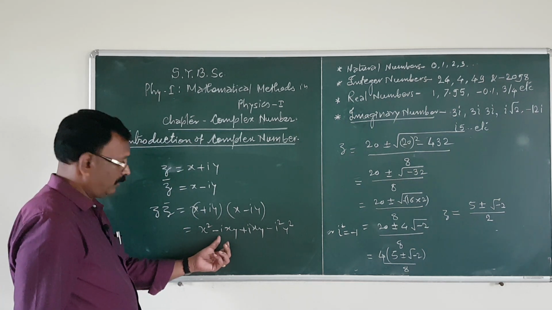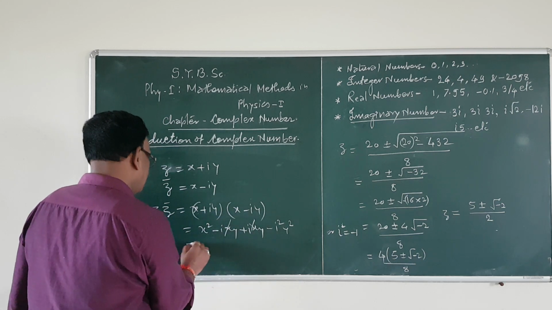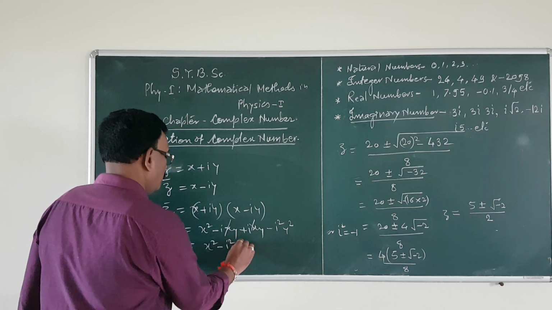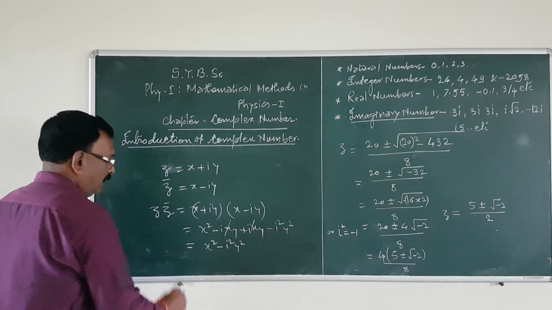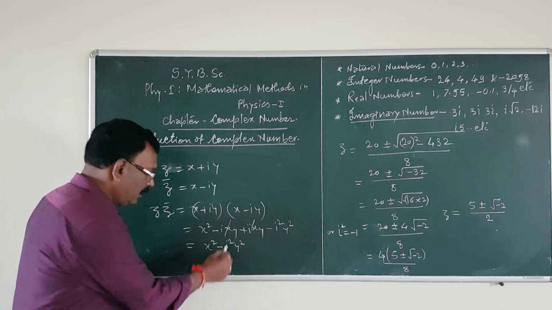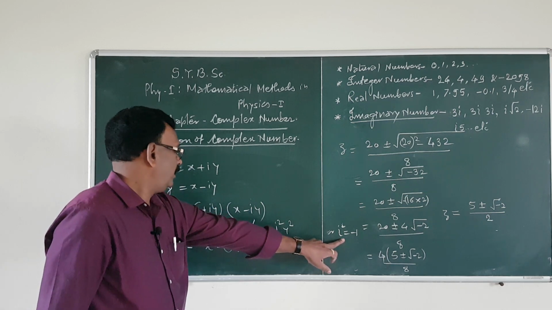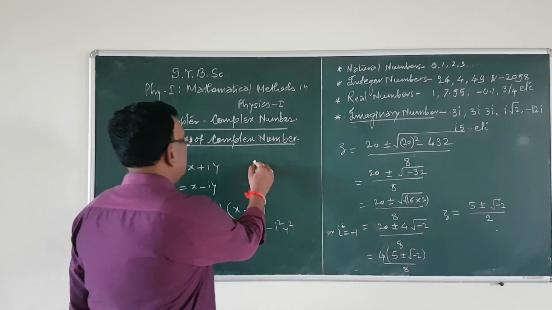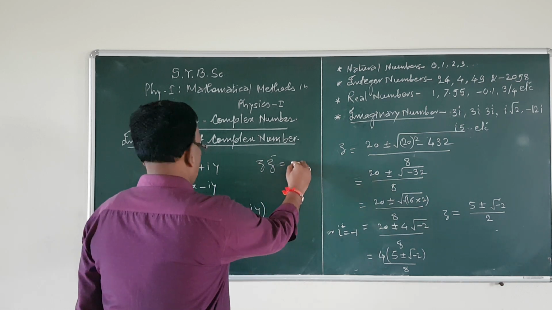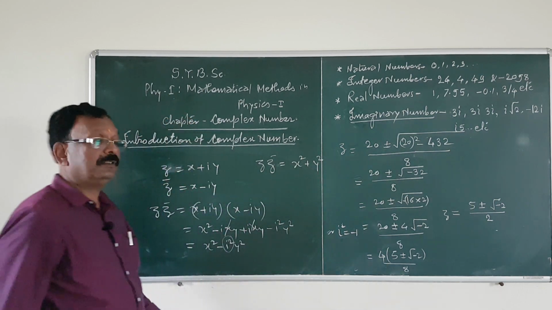Minus ixy and plus ixy cancel each other. After cancelling, we get x square minus i square y square. Note that the value of i square is minus 1. After introducing this value, we will get z into z bar equal to x square plus y square.